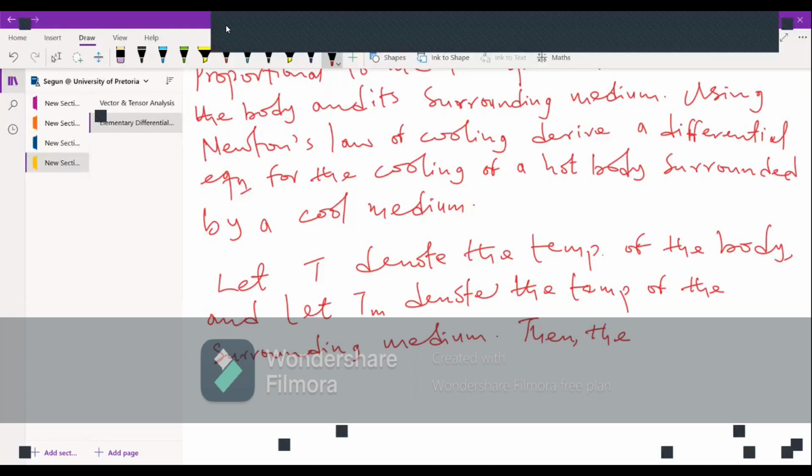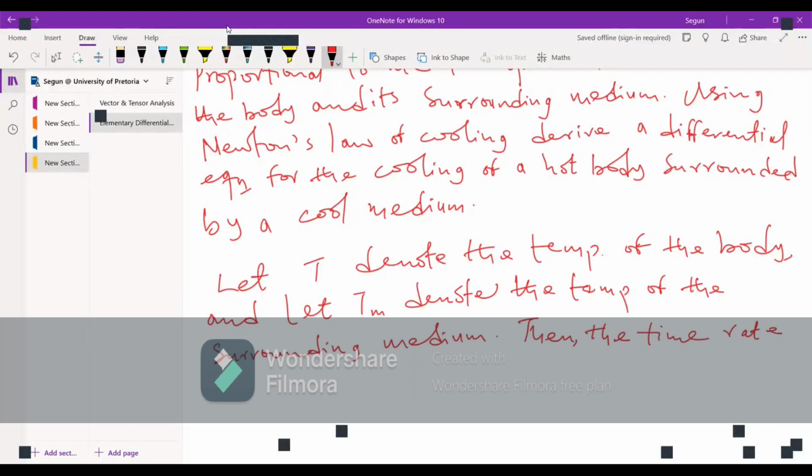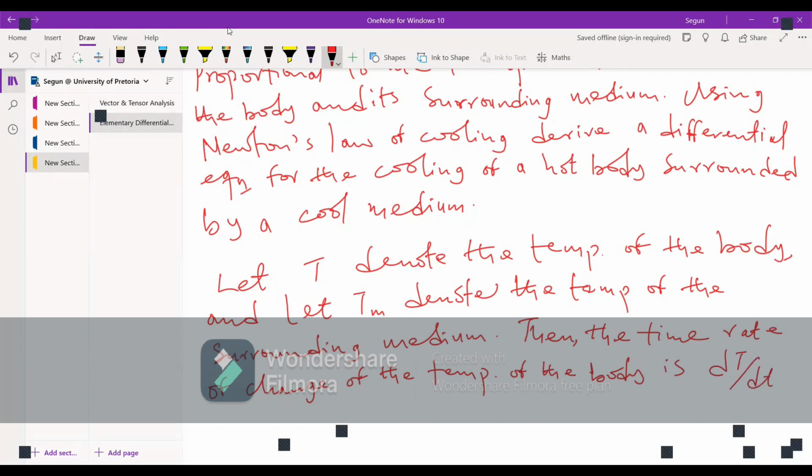Then the time rate of change of the temperature of the body is the capital T over the small t.